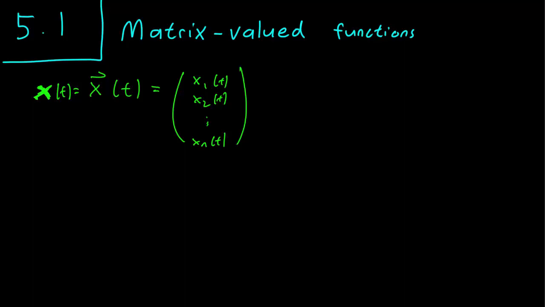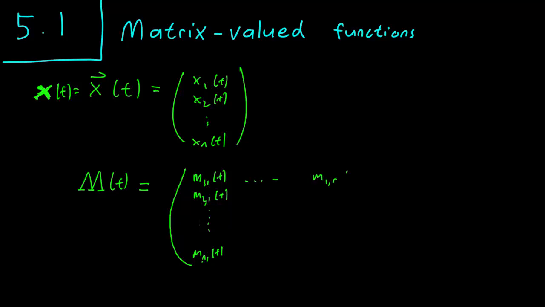Sometimes we'll have a matrix valued function too. This just means that we have, I would normally write it like this in a very straight line, m. This would mean simply that we have matrix terms arranged in this way: m11(t), m21(t), mn1(t), with commas in between, m1r(t), m2r(t), and so on.